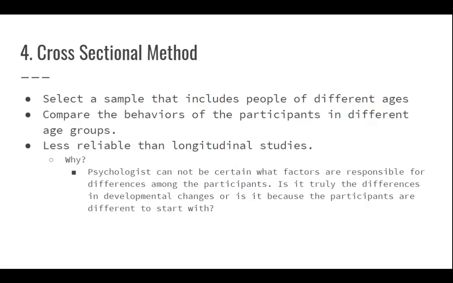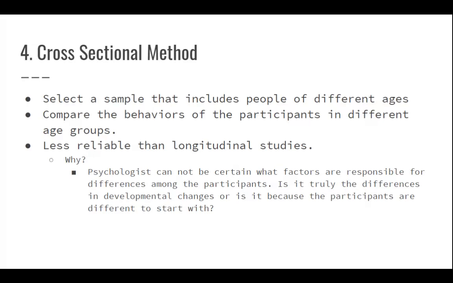Another course of study is the cross sectional method. In this method, the researchers select a sample that includes people of different ages and they compare the behaviors of participants in different age groups. This is less reliable than longitudinal studies. Why is that?